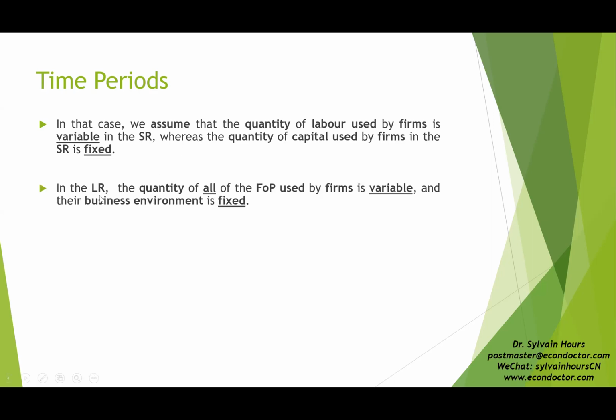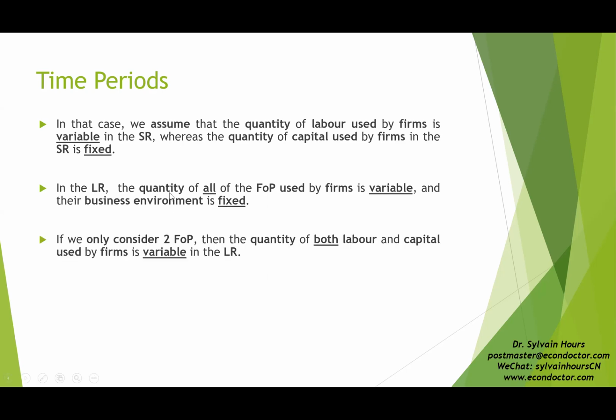In the long run, however, we can change the quantity of all factors of production. So all FOPs are variable. However, the business environment is still fixed. The state of technology is still fixed, the government policy is still fixed, and social customs are taken as unchanged. Again, if we only consider two factors of production in the long run, then both labor and capital are variable.